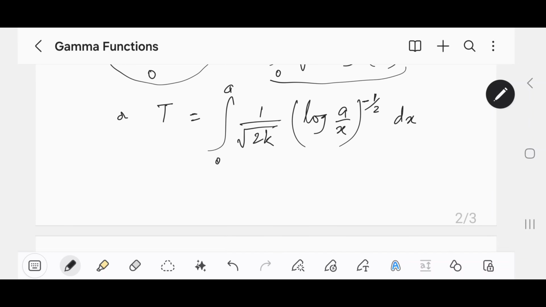So here is the inverse function, and I think we can somehow replace it with some other variable. Let's see.